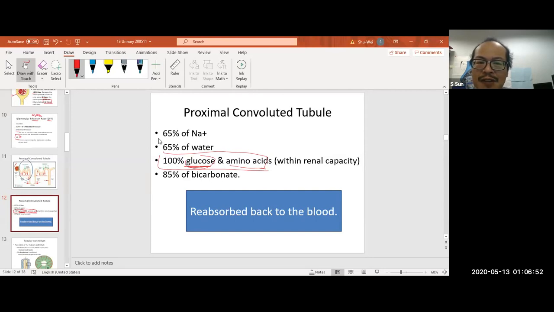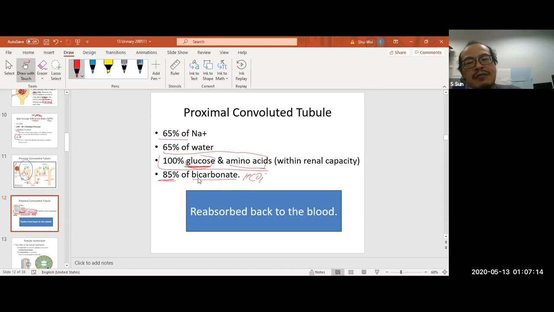It will be 65%, very constant. That will draw water back to our body due to osmotic pressure. And then we also reabsorb 85% of bicarbonate, HCO3 minus.